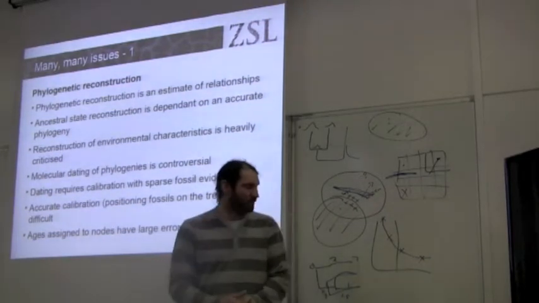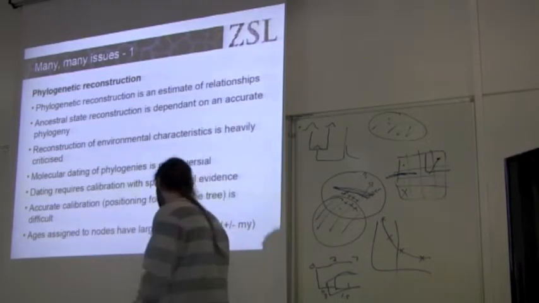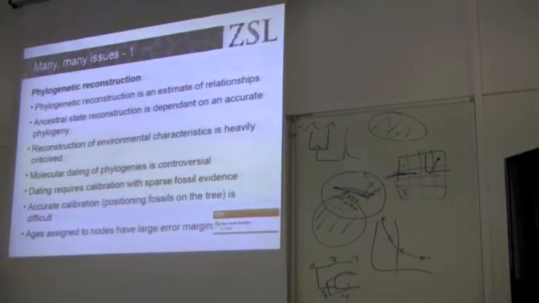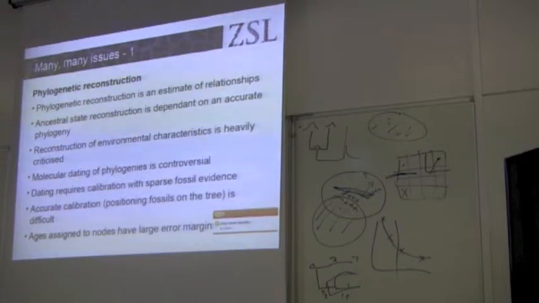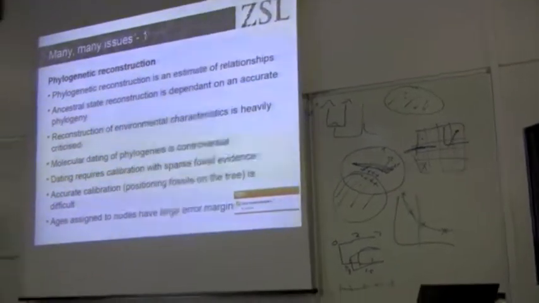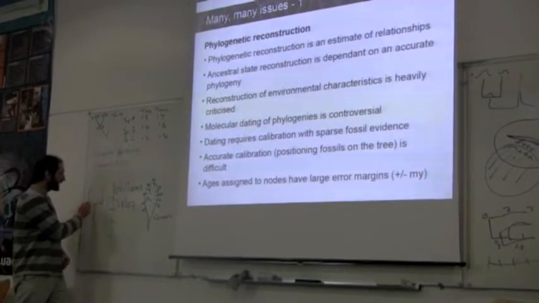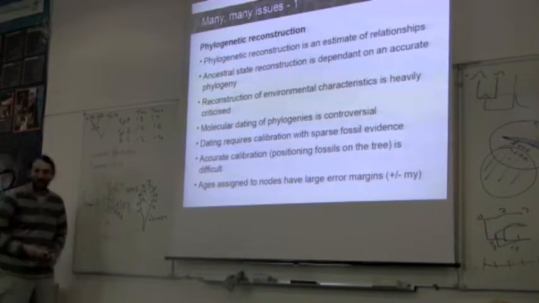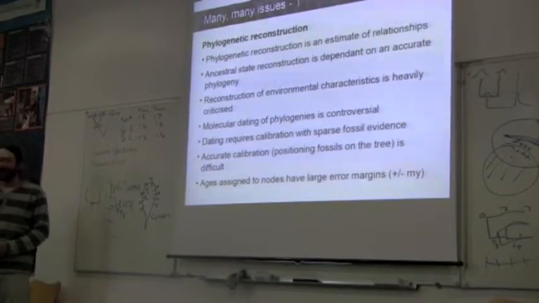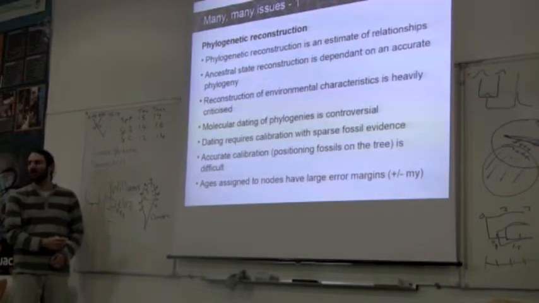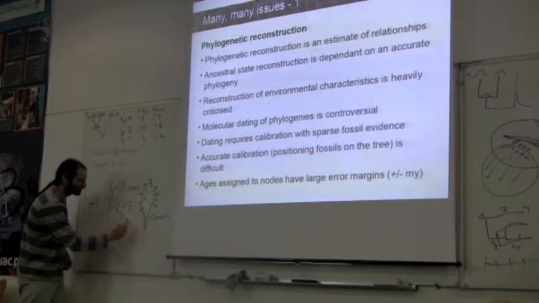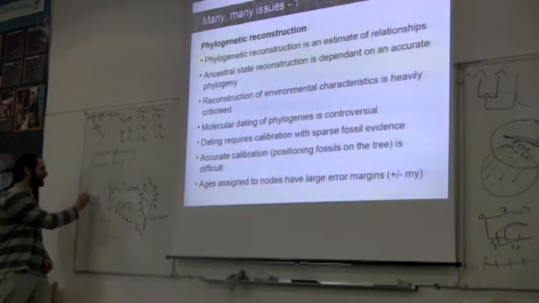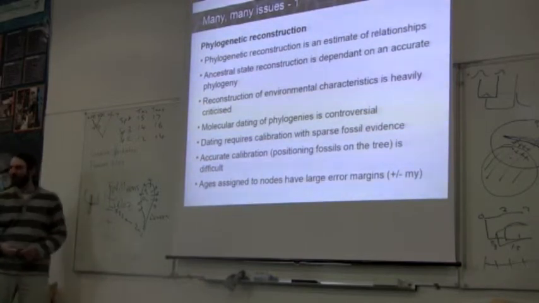Okay, so when we date phylogenies, as Tom sort of mentioned earlier, we draw our phylogeny and we set an age on it, and we look at that and we say that node is 8.52 million years old. But actually what we're saying is that's 8.5 million years old plus or minus 2 million years. Okay? So really what we've got is something like this in terms of our age range uncertainty.